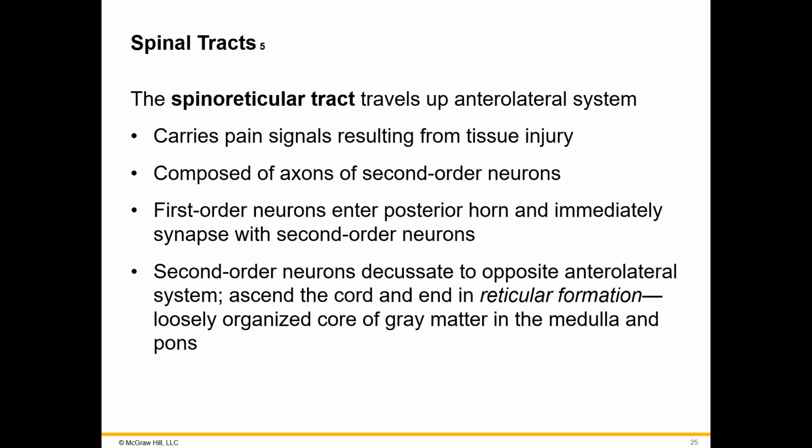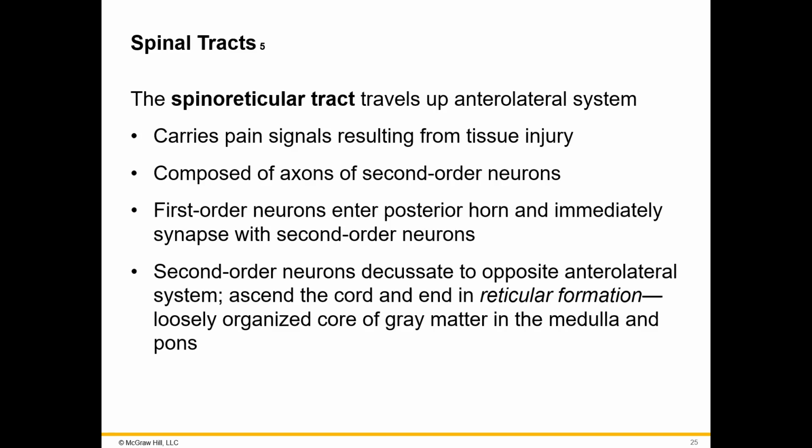And another one is from the spine to the brainstem, especially a region known as the reticular formation. Not everybody's going to the thalamus. You can have a second order neuron that is going to the brainstem, and that is the spinoreticular.